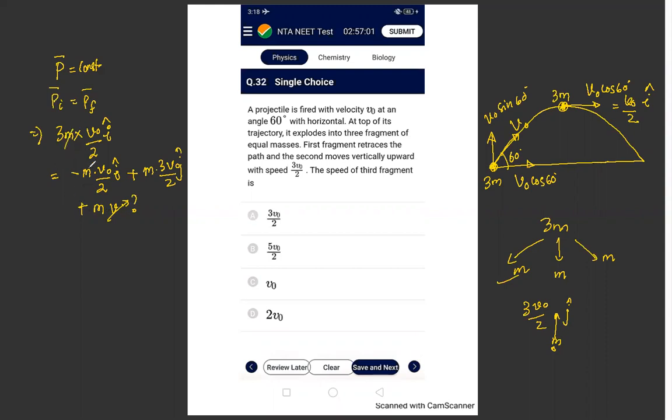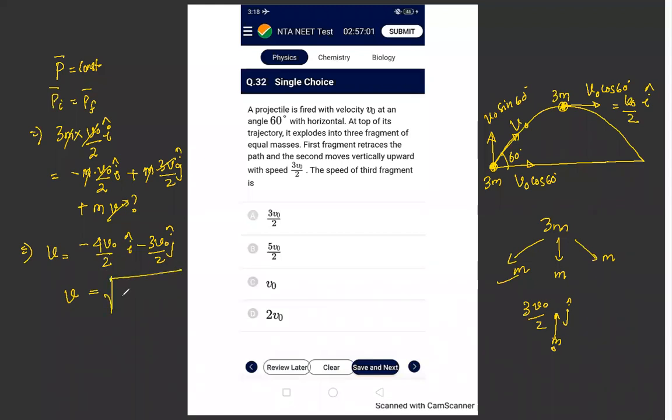You can see that m and m are getting cancelled out. v naught and v naught are gone. So finally we are going to get v is equal to minus 4 v naught by 2 i cap minus 3 v naught by 2 j cap, right? We are required to find out the speed of the third fragment.